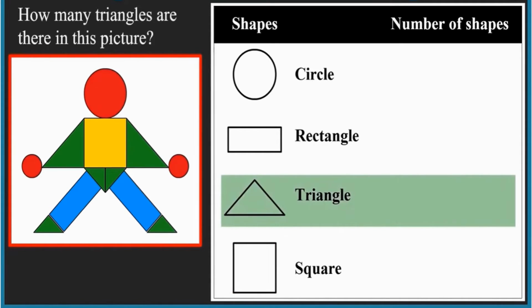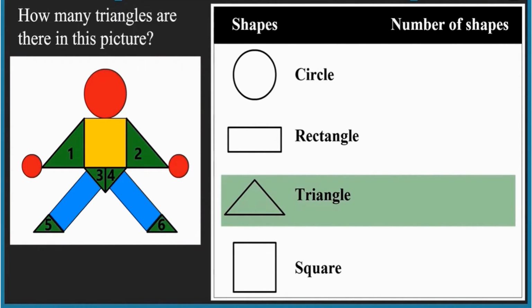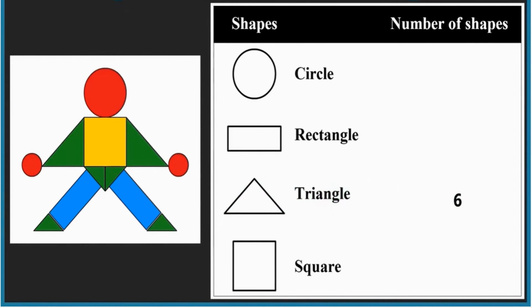Now tell me how many triangles are there in this picture? There are 1, 2, 3, 4, 5 and 6. There are 6 triangles. Well done.